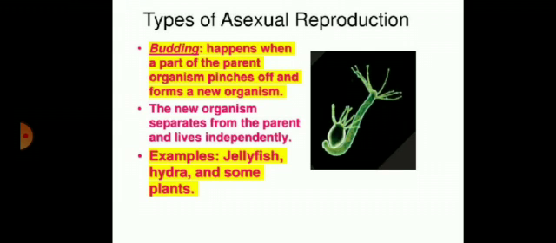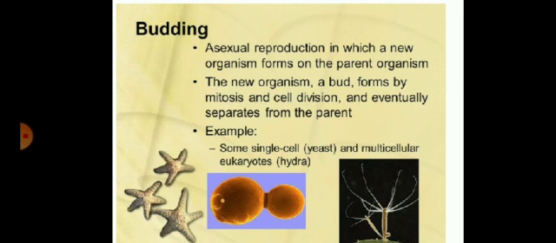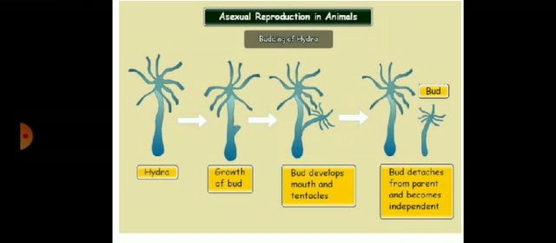Budding happens when a part of the parent organism pinches off and forms a new organism. Then the new organism separates from the parent and lives independently. Example, jellyfish, hydra, corals. This is the process of budding.